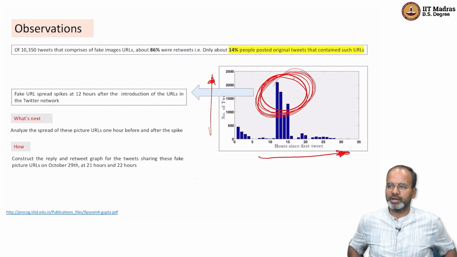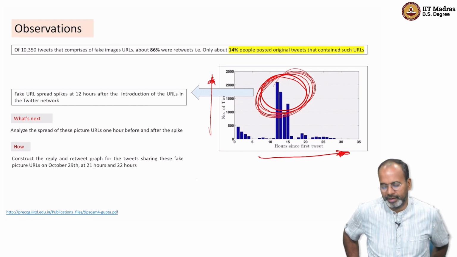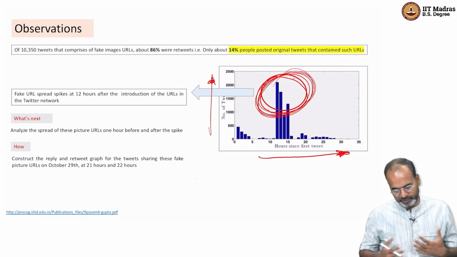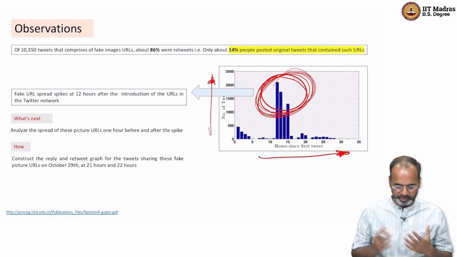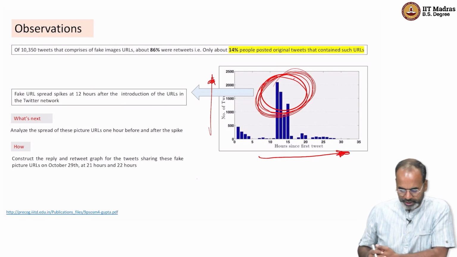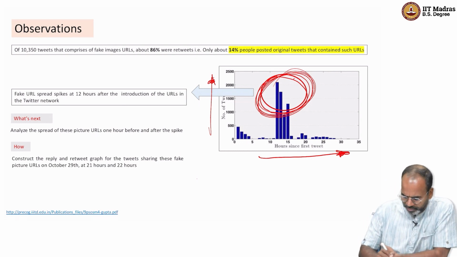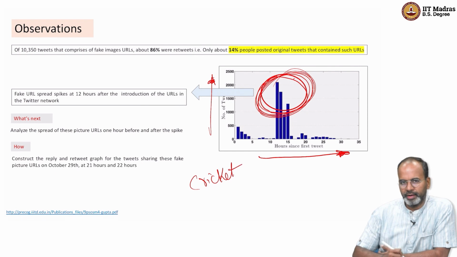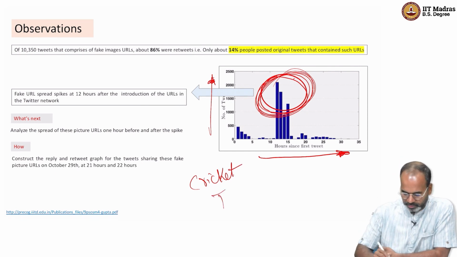So the interesting thing about these URLs, and how much of it is real, how much of it is created, and how much of it is retweeted, is actually an important ratio to keep in mind, because I think events like cricket will generate a lot of tweets but fewer RTs.